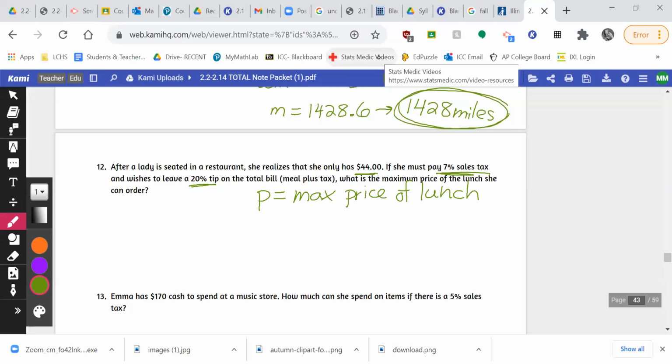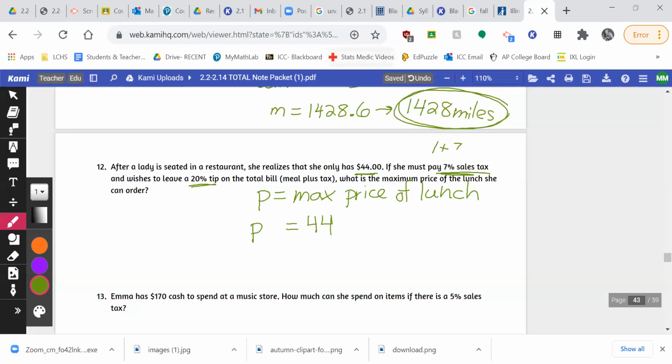This one is not worried about any specific items. It just wants to see, before the tax and the tip, how much can she end up spending on the lunch? And we know that in the end, it's going to equal a total of $44 because that's how much she has in her wallet. We're first going to apply the sales tax. The tip is going to go on the outside.